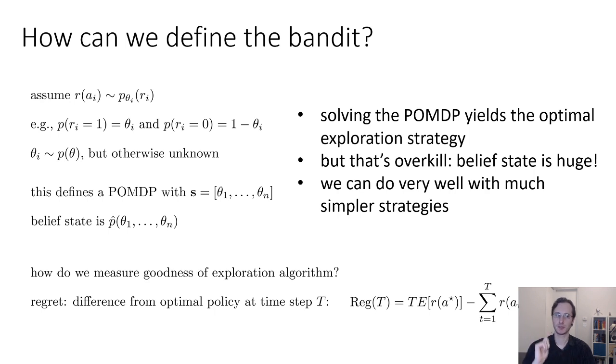So the optimal policy will always take a star, and that means that if you're going for capital T steps, it'll be capital T times the expected reward of a star. So that's what the optimal policy will do, and then your regret is the difference between that and the sum of rewards that you've actually gotten from running your strategy. So this is the expected reward of the best action, the best you can hope for in expectation, and this is the actual reward of the action that was actually taken.